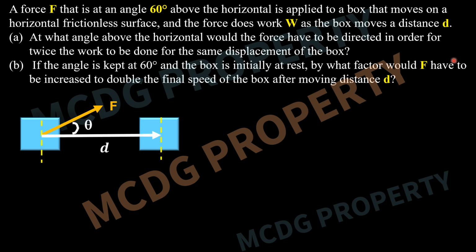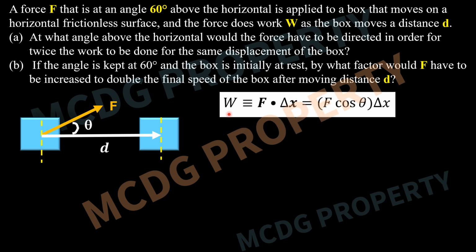At what angle above the horizontal would the force have to be directed in order for twice the work to be done for the same displacement of the box? If the angle is kept at 60 degrees and the box is initially at rest, by what factor would F have to be increased to double the final speed of the box after moving a distance d?